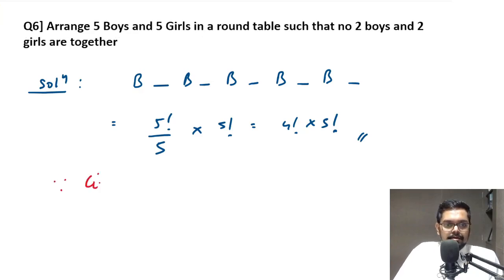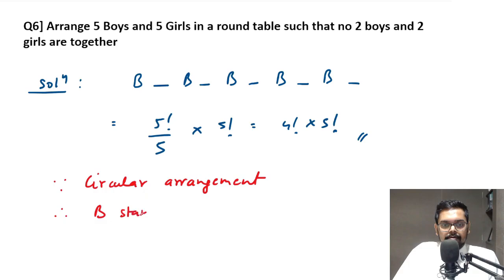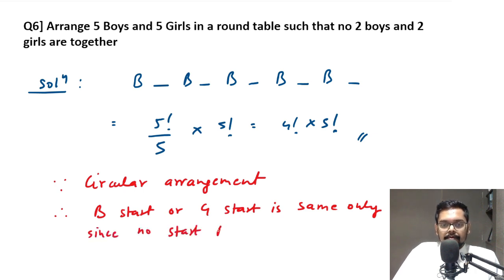Since circular arrangement, therefore boy start or girl start is same only, since no start point in circle.